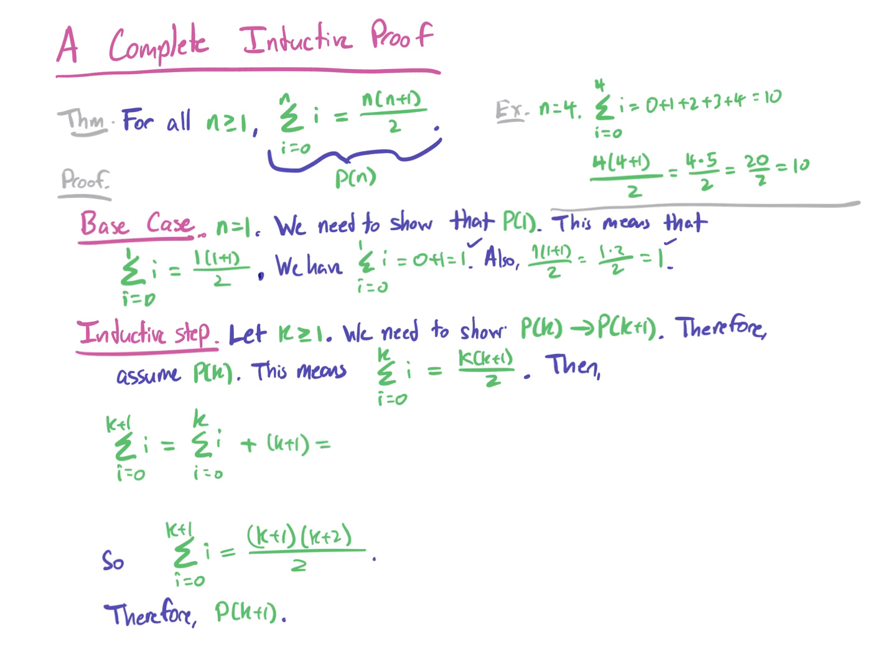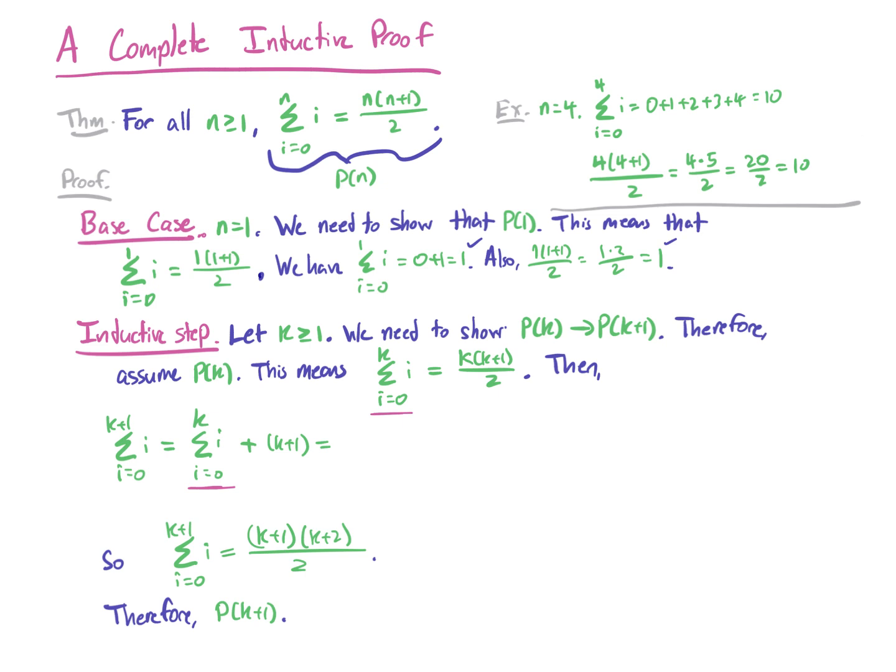I know something about this sum because that's the sum that appears in my assumption. Thus, in the world of my assumption, I've assumed that the sum from i equals 0 up to k of i is equal to k times k plus 1 over 2.